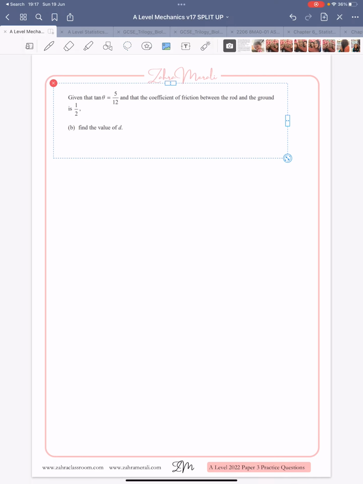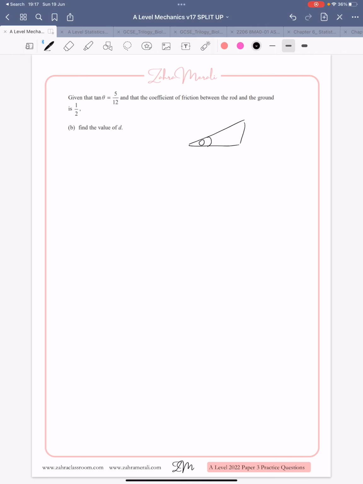So given that tan theta equals 5/12, now draw your triangle out if you need to. So tan is 5/12, so it's a 5, 12, 13 triangle. We might need it. And we're told that the coefficient is a half. So we know F R equals a half R.